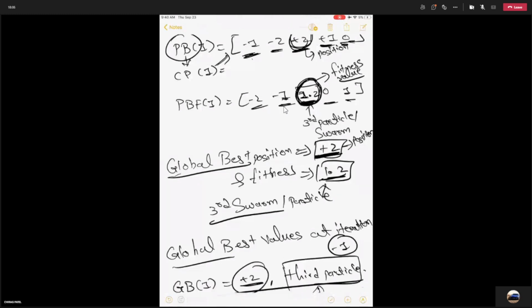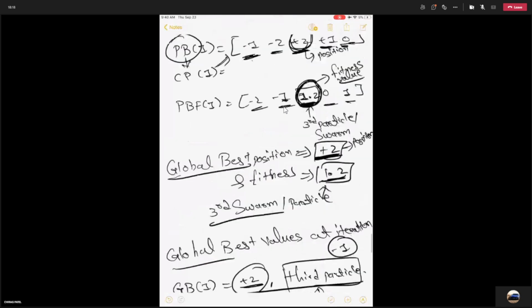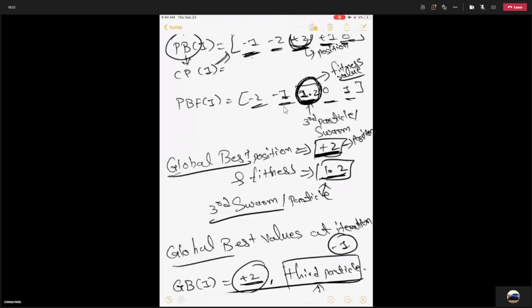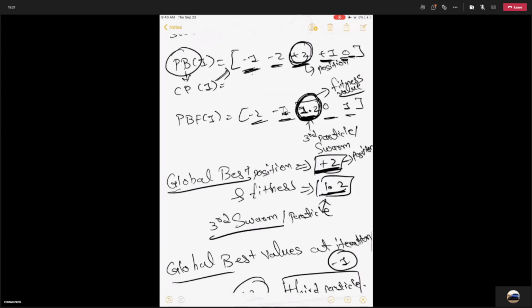This is personal best fitness, and your global best position is equal, and the value is 1 point.